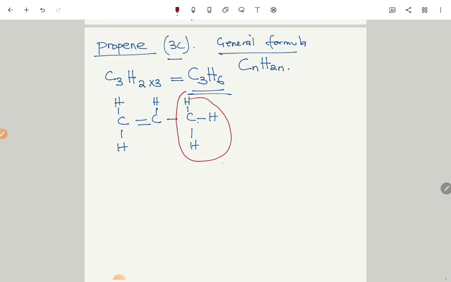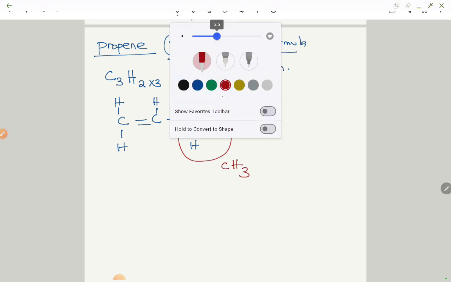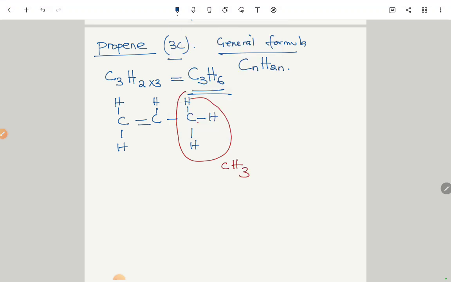So this will therefore be CH3, after doing that, we're going to have a double bond there, H, then this will be CH3. When you count these carbon atoms, there are still 3. This is 1, 2, 3. So now this is propene.